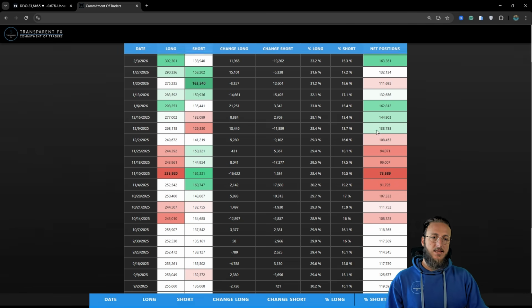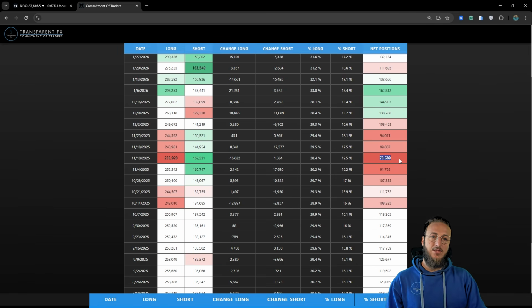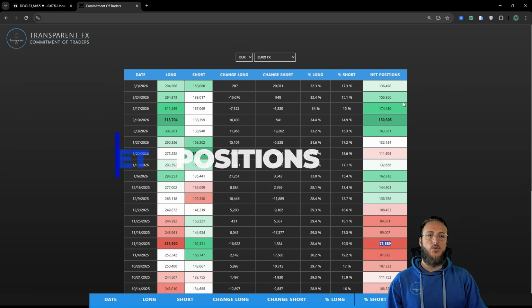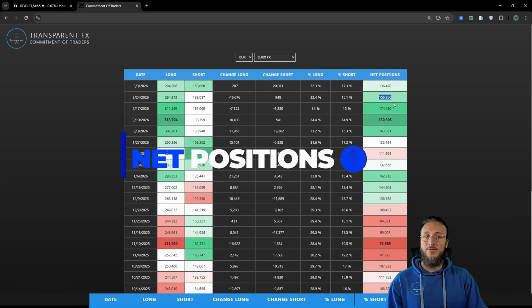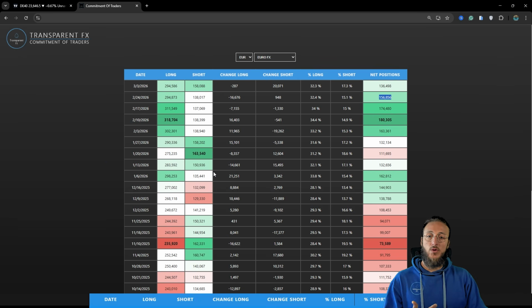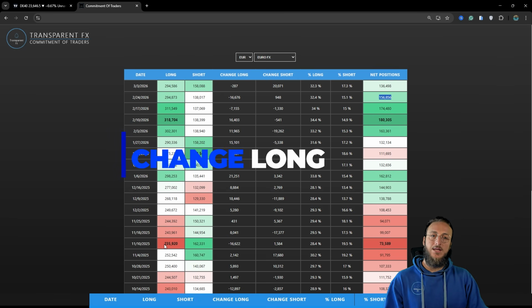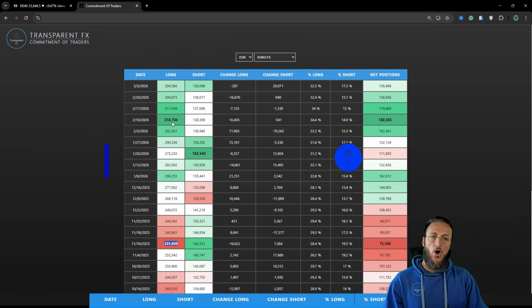And what we can see is that we were sitting here with 73K net positions. We went all the way up to essentially 156K net positions at the time. So what was happening is that the euro was getting stronger. Institutions were increasing their longs on the euro from 235K all the way up to 294K.